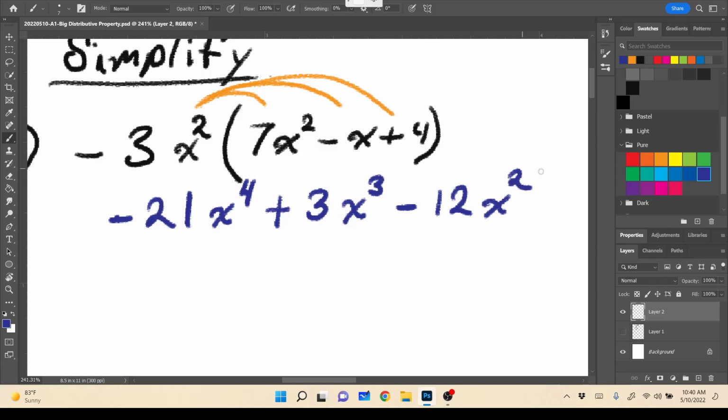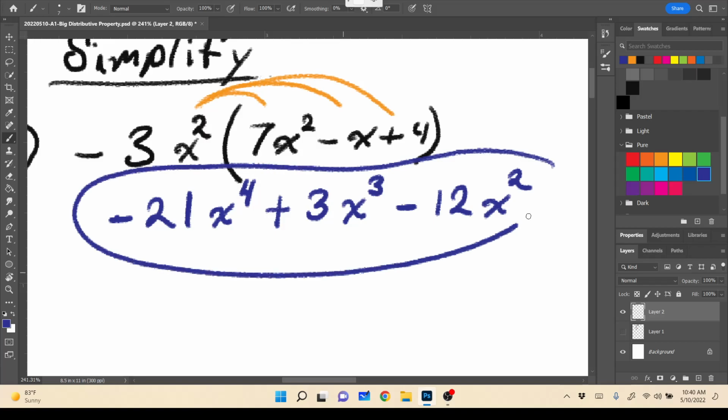What's the degree of this polynomial? It is a trinomial. That's not what I asked. Now, what is the degree? It is 4.